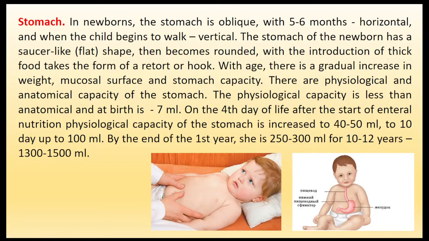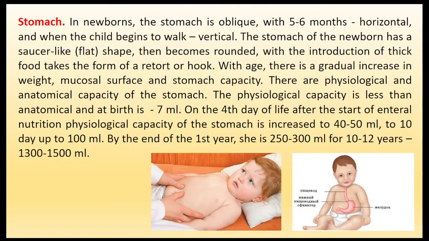There is a physiological and an anatomical capacity of the stomach. They are two very different parameters. The physiological capacity is less than the anatomical, and at birth is only 7 milliliters.